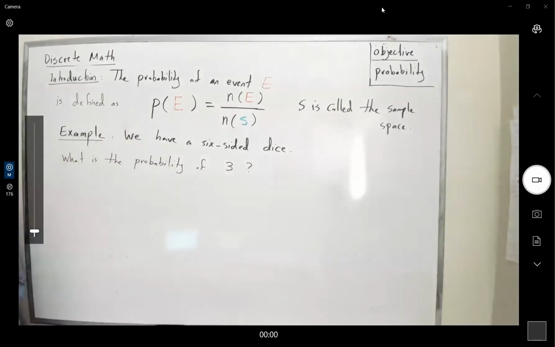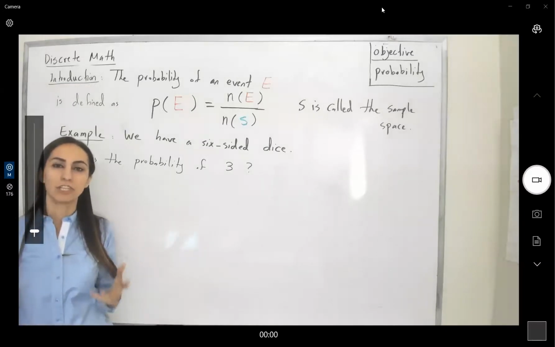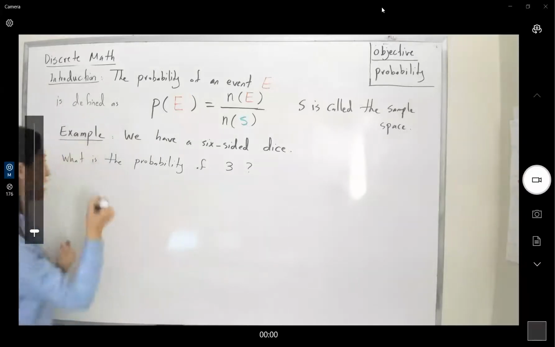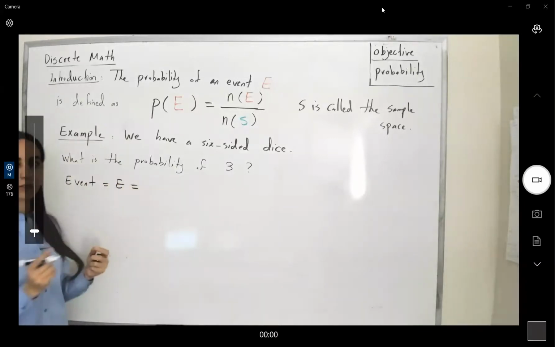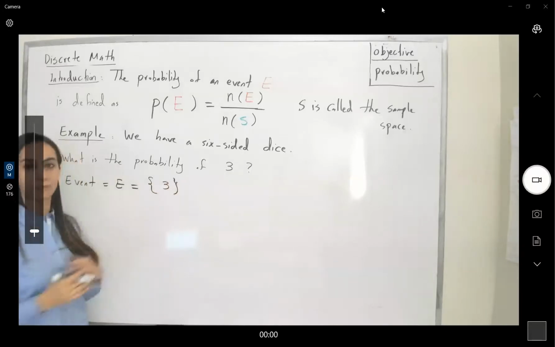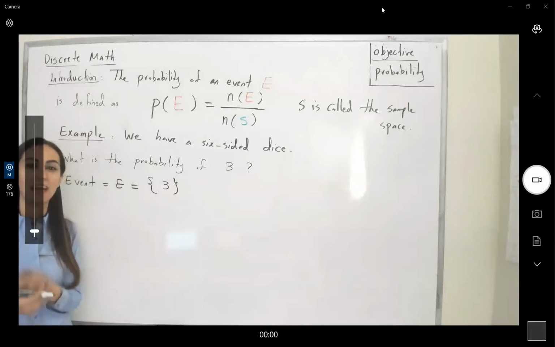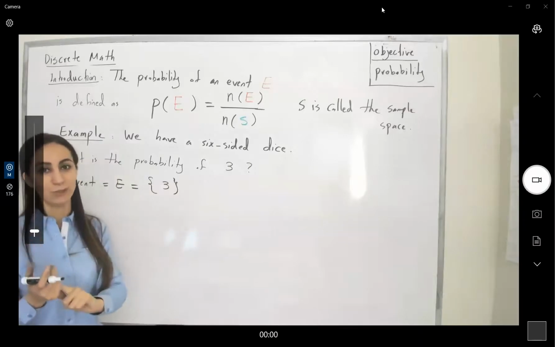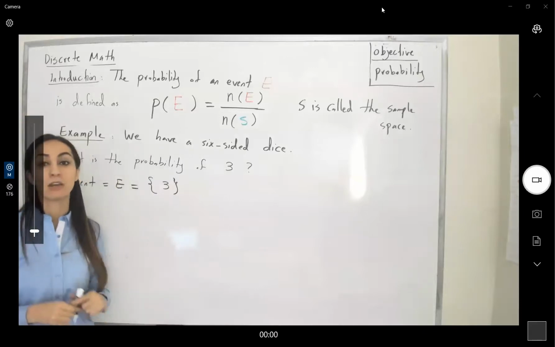Okay, perfect. So we have a six-sided dice, and we're interested in finding the probability of this event. So our event, or E, is equal to a set including 3. But when we just look at our experiment, we might have 1 or 2 or 3 or 4, 5 or 6.